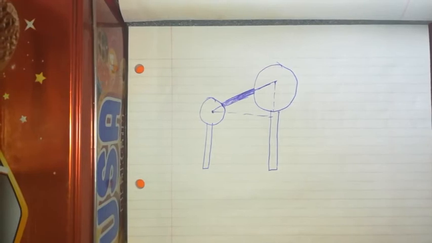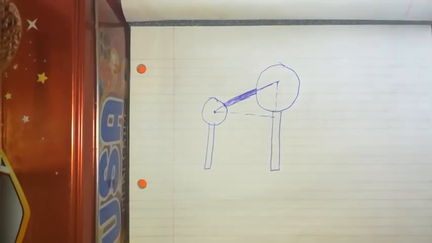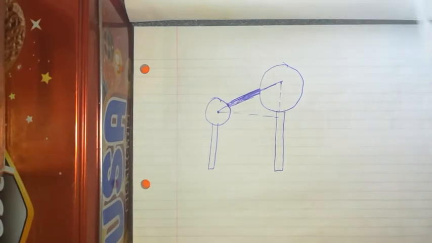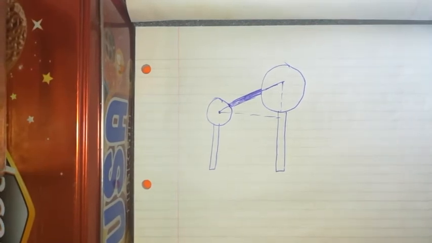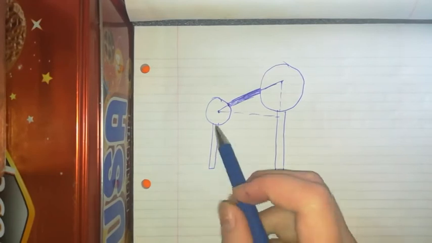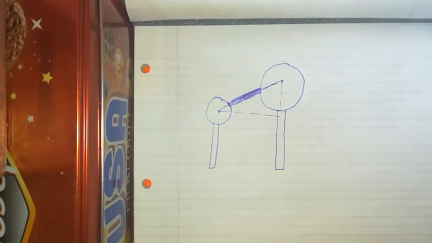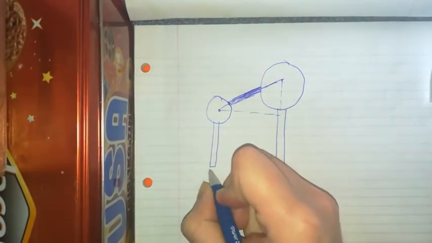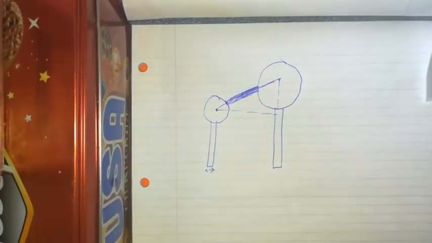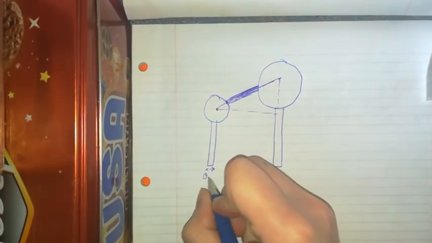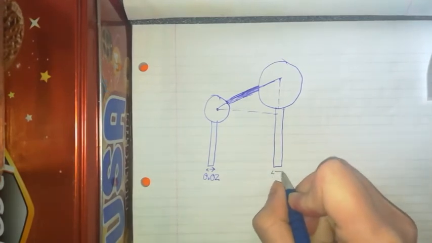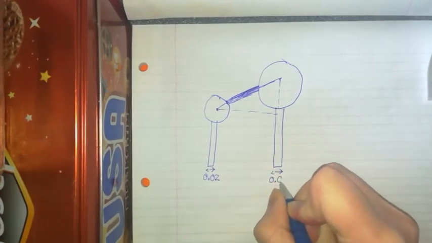So what I'm going to do is fill in what I already know. I know the radius of this bar is 0.01, so the whole diameter of the bar is 0.01 by 2, which is 0.02, and the whole diameter of this one is 0.02.